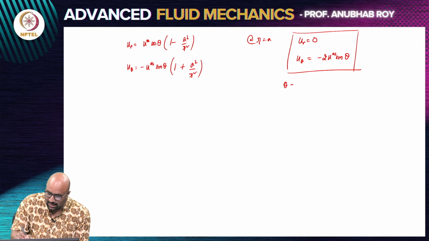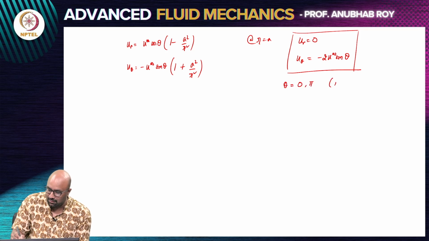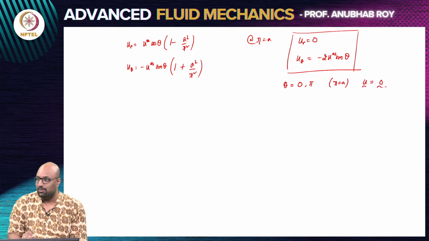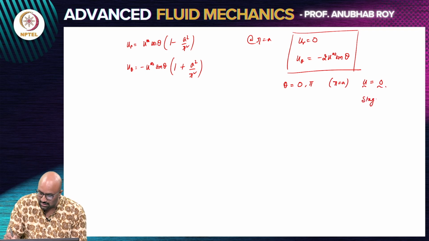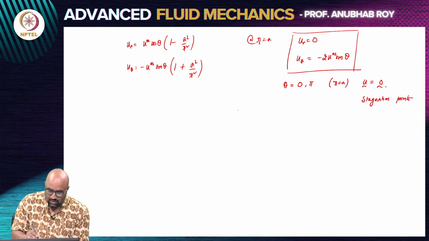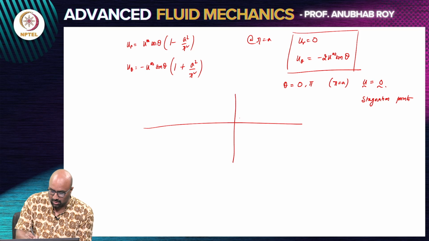So, at theta equals 0 and theta equals pi, for r equals a, your total velocity field is 0, and these are what we call stagnation points.